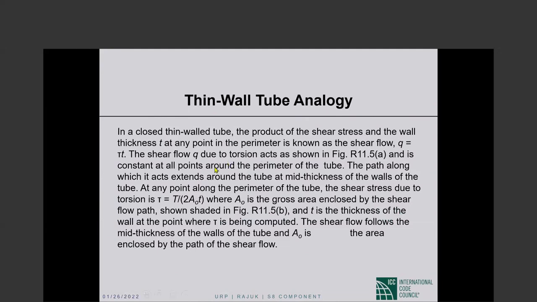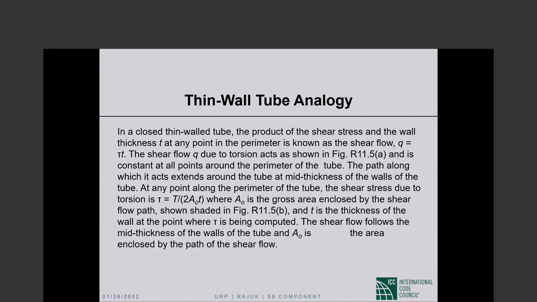The shear flow q due to torsion acts as shown in the figure that I just showed you and is constant at all points around the perimeter of the tube. The path along which it acts extends around the tube at mid-thickness of the walls of the tube.